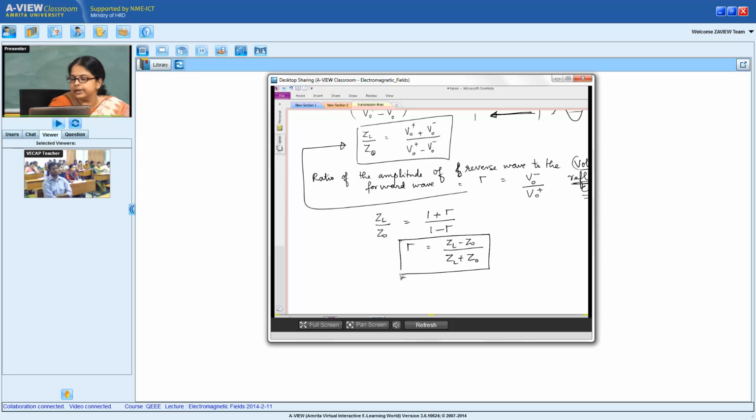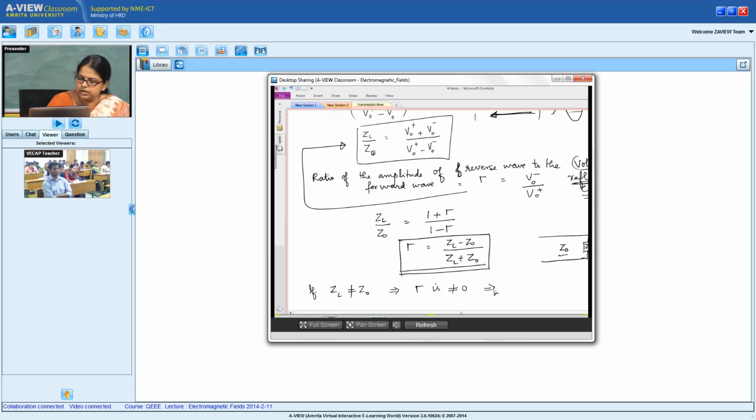What is the physical significance of this equation? The physical meaning is the following. If I have a line with characteristic impedance Z0, I am connecting a load of impedance ZL into the line, and if Z0 and ZL are not identical, this implies that gamma is non-zero.